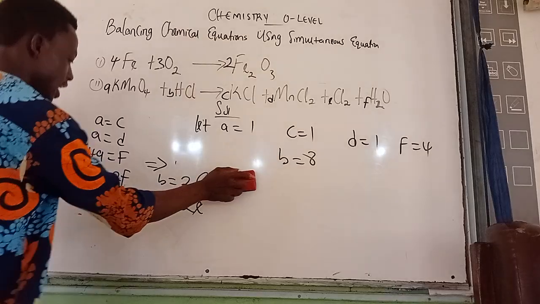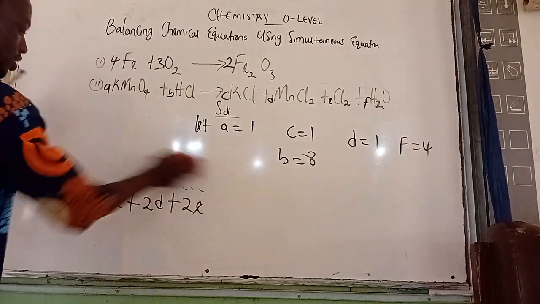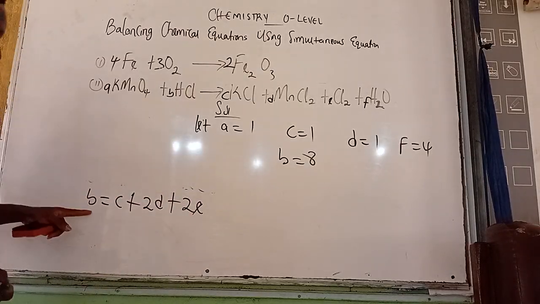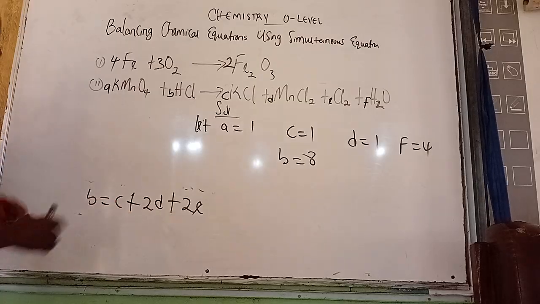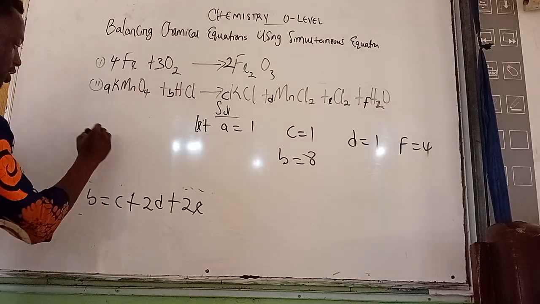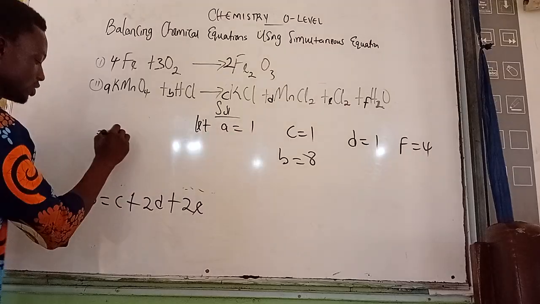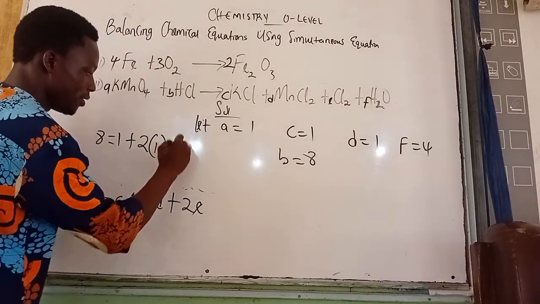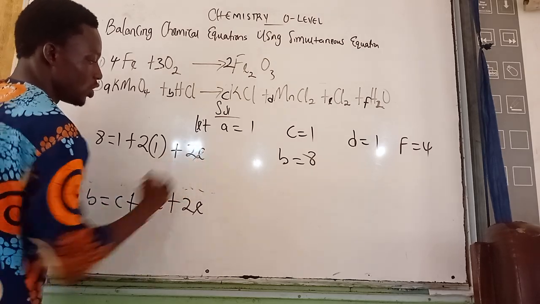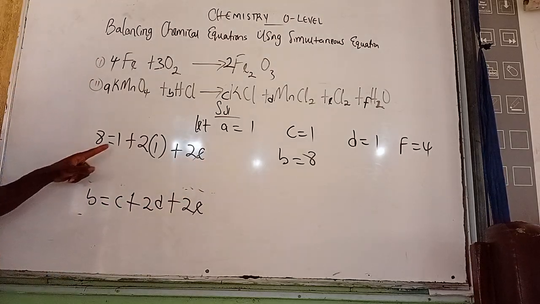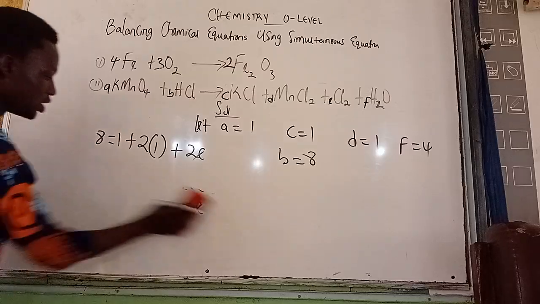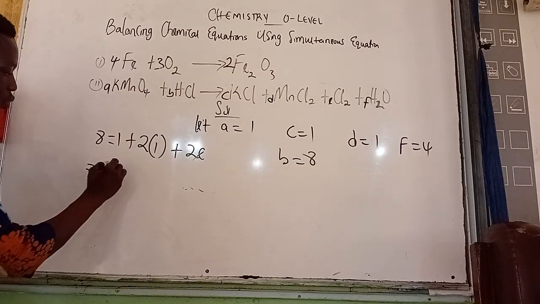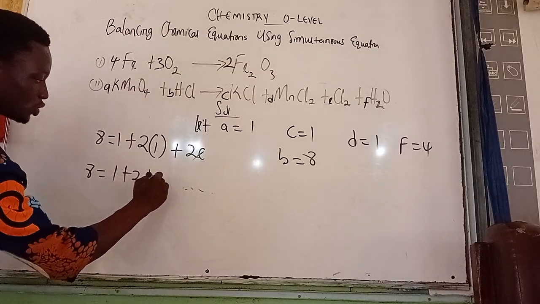Now let's find the last one, which is E. So we say B equals C plus 2D plus 2E. What's our B? 8 equals C. Our C is 1 plus 2D. What's our D? 1 plus 2E. Then we are looking for E. So here we have 8 equals 1 plus 2 plus 2E.